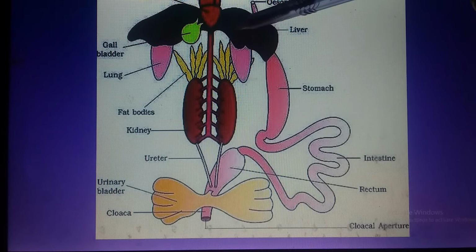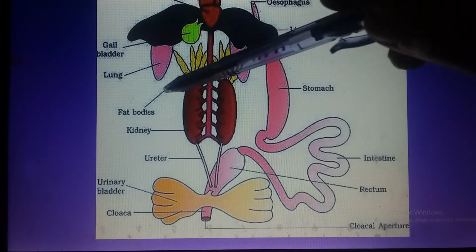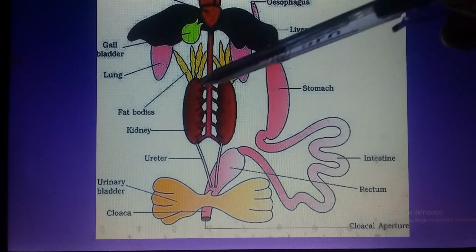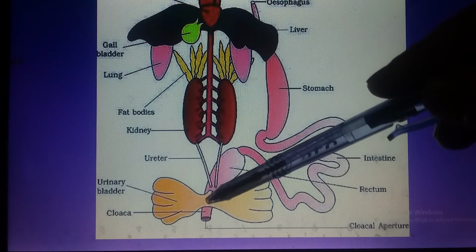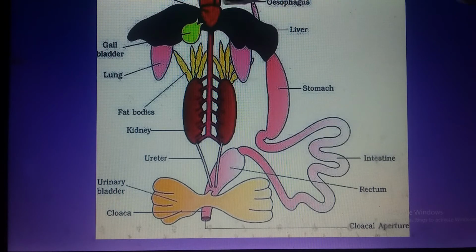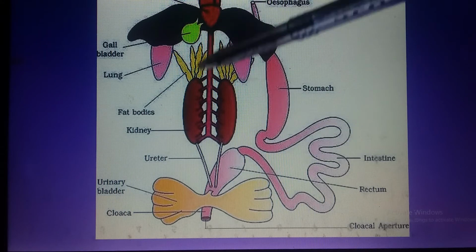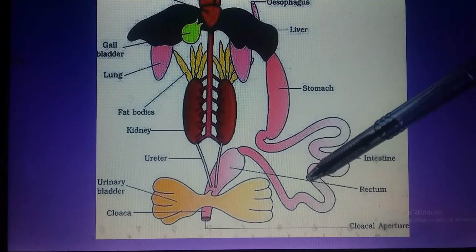You can see here liver, gallbladder, lungs. Each and every system is present here, and the cloaca and all these. These body systems I will discuss one by one. Is it clear now?